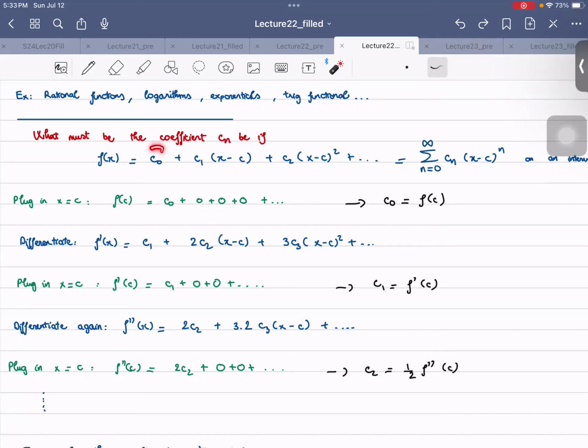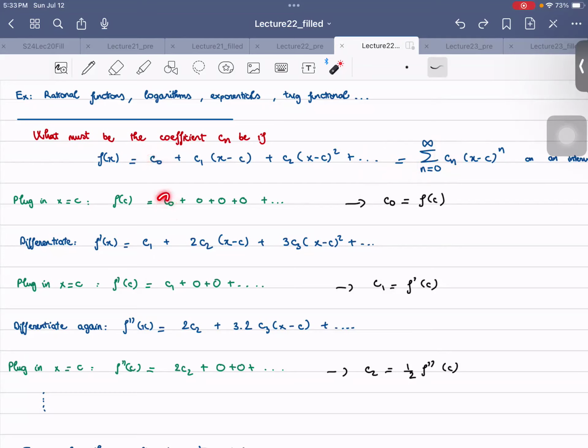So for instance, if you want to find c0, you just need to plug c into both sides. If you plug c in, then c minus c gives you 0, (c minus c) squared gives you 0, (c minus c) cubed gives you 0. The only term that is not zero is the first one.